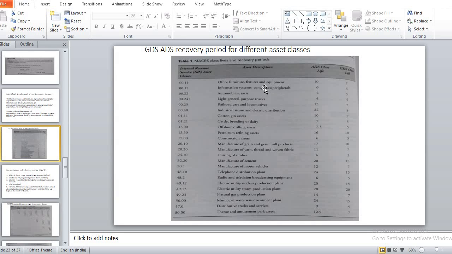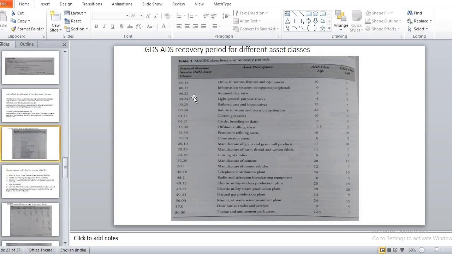For this type of property group, the ADS life is 10 years and the GDS life is 7 years. Information systems, computers and peripherals are put into one group with Internal Revenue Service class number 00.12. The ADS class life is defined as 6 years, and for the GDS system it is defined as 5 years. Automobiles are grouped into one class.